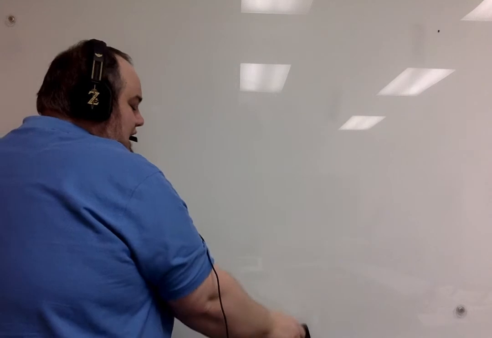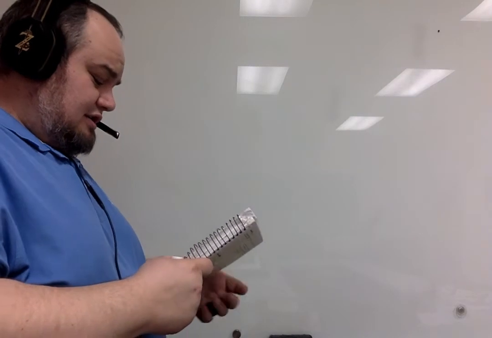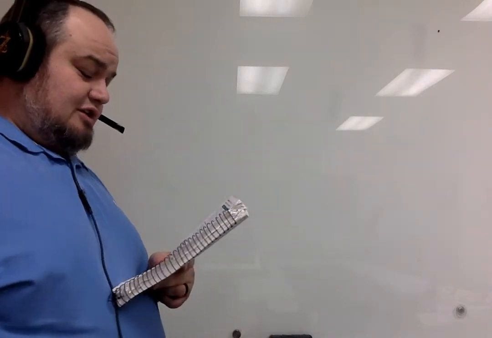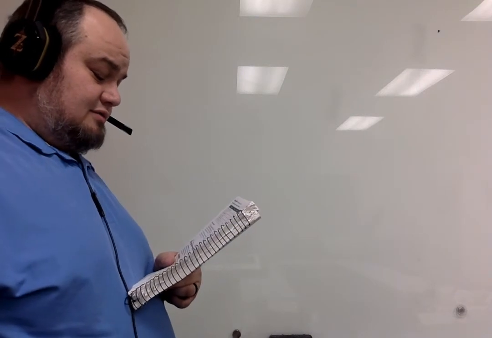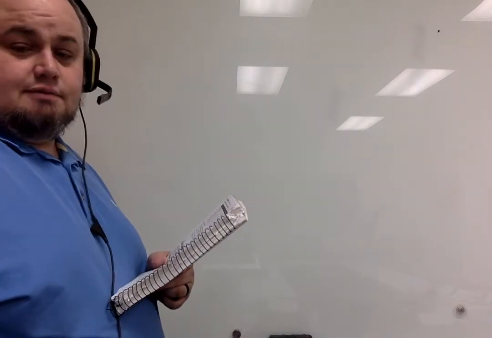Now let's talk about how we use a scale drawing, or how we calculate things for scale drawings. If you take a look at example 6.10a, it says the scale for a scale drawing is 1/2 an inch is equal to 5 feet. How long is a line segment if the length on the scale drawing is 3 inches?